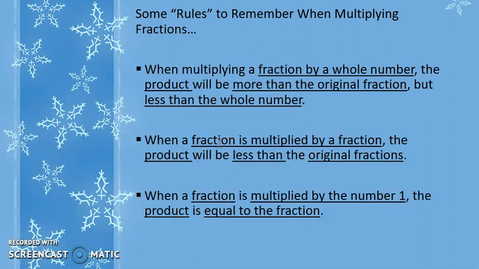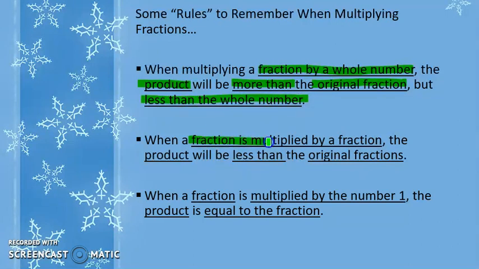Let's review some rules to remember when multiplying fractions. When we multiply a fraction by a whole number, the product of the fraction and a whole number will be more than the original fraction that you started with, but it will be less than the whole number.